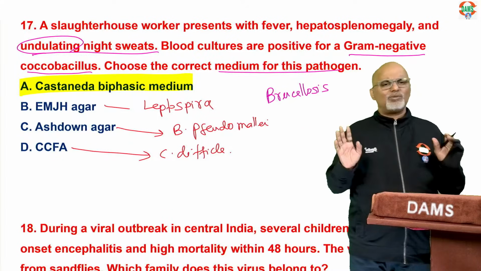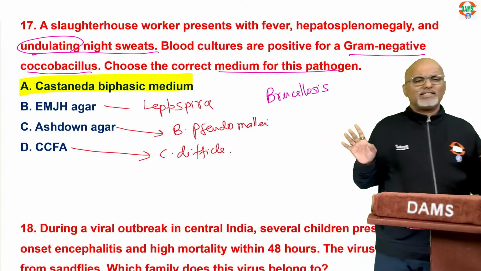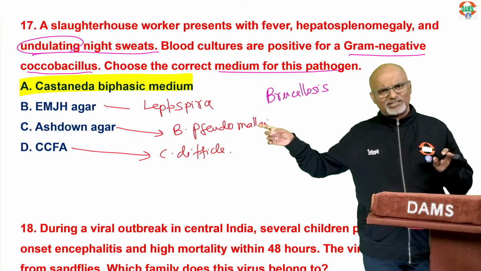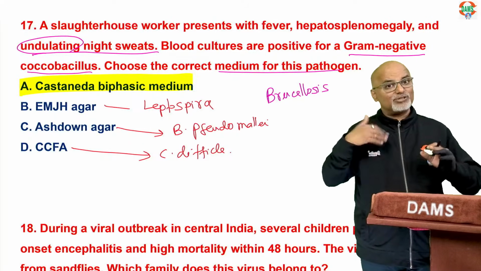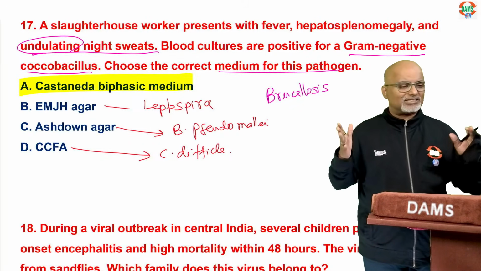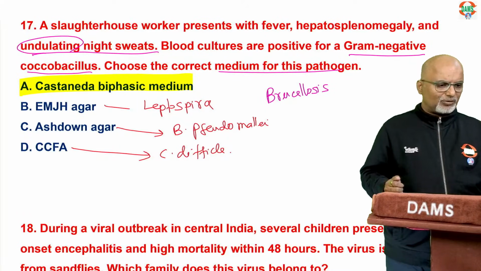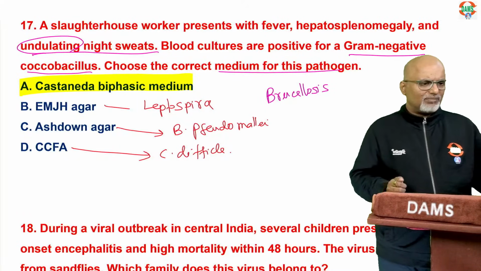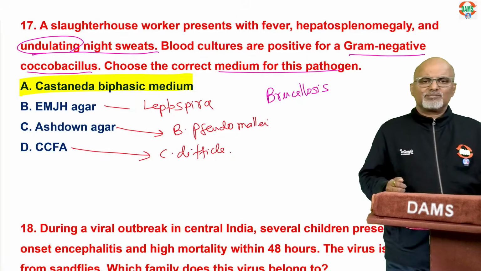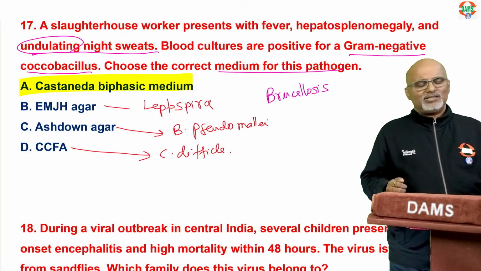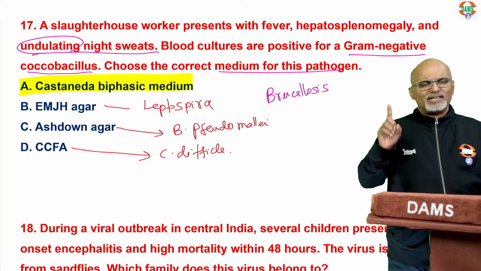You must know all selective media. Either a direct question will come like this, or indirectly it gives a clue. Organism grows in Castaneda biphasic medium, then it is Brucella. Either direct clue or indirect clue.